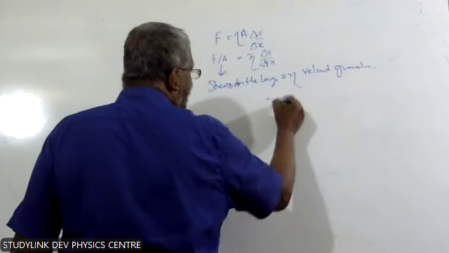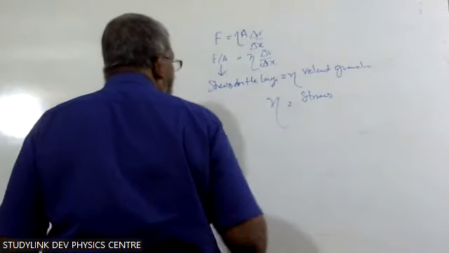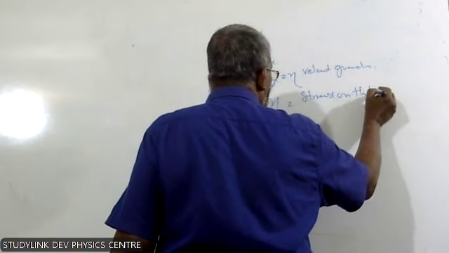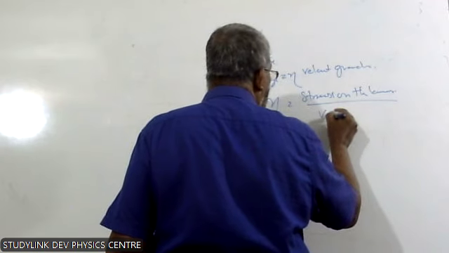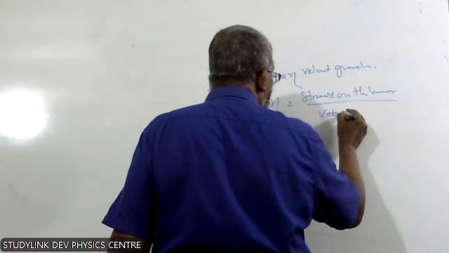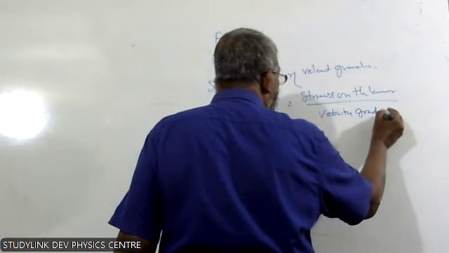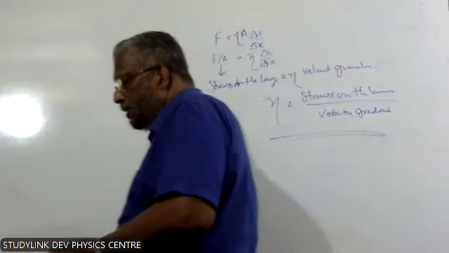So eta is equal to the stress on the layer or lamina divided by the velocity gradient. Like that you can get questions for MCQs.